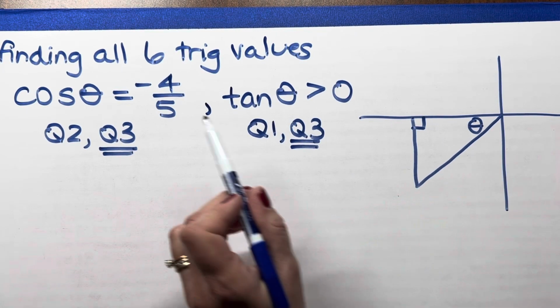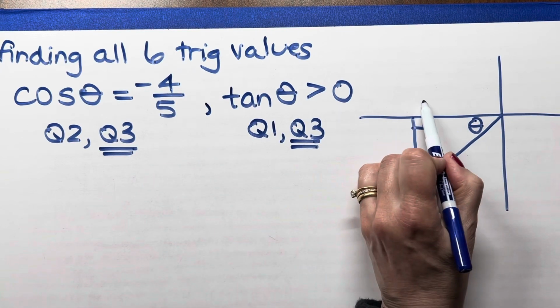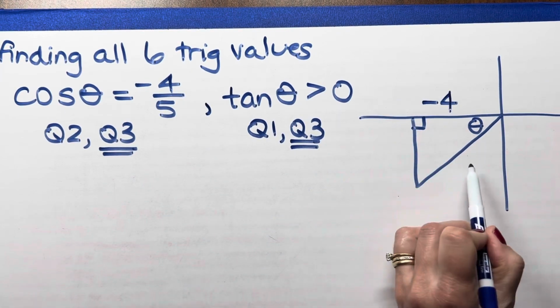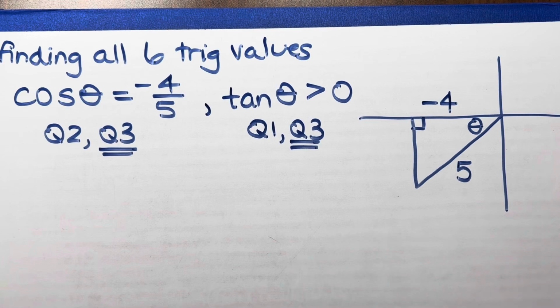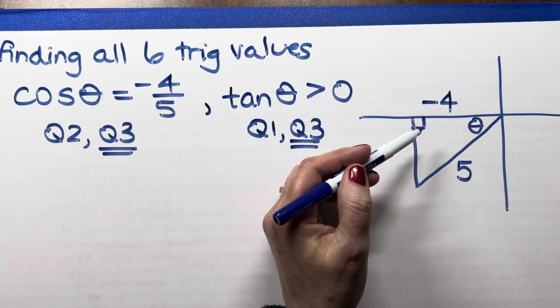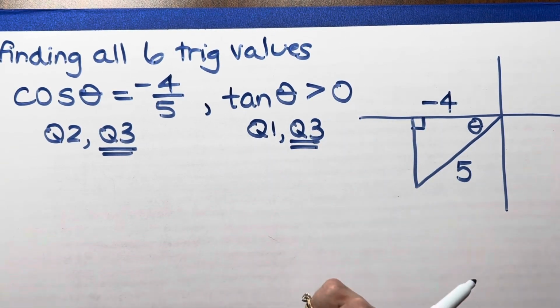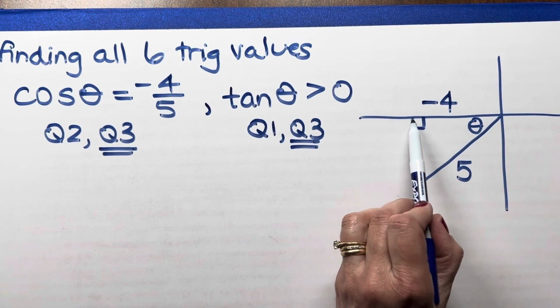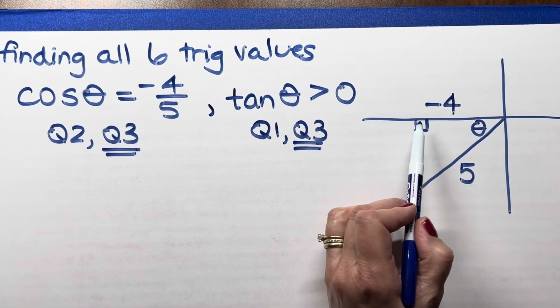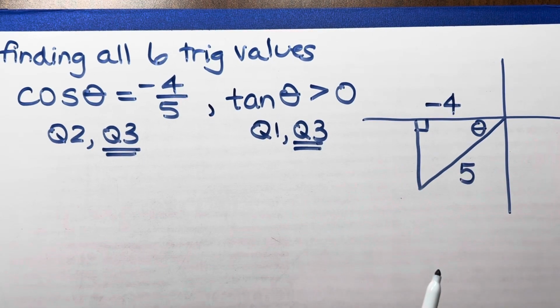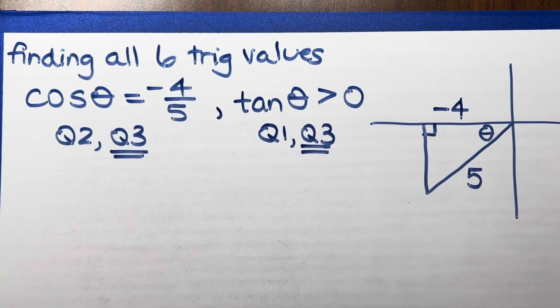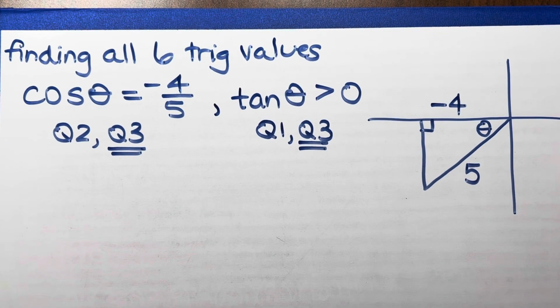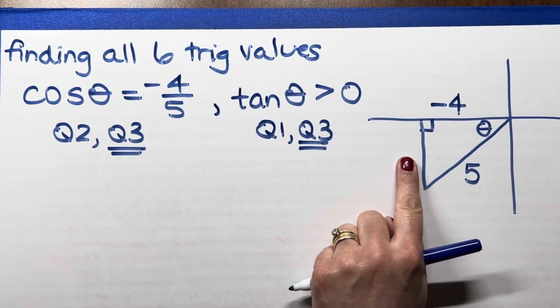So in my ratio, -4 would be the adjacent and 5 is my hypotenuse. There is a negative in front of the 4, even though typically we don't label lengths of sides as negative. This is a negative value moving out onto my x-axis, and that's important when you are trying to find sine, cosine, and other trig values, to give them the correct positive or negative sign.